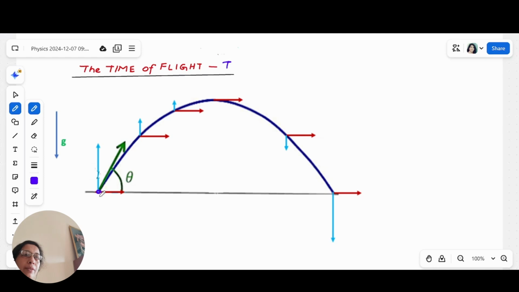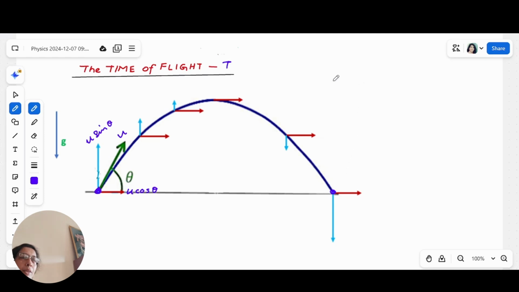The particle starts from the ground with a velocity u, the vertical component being u sin theta and the horizontal component u cos theta, which is not required for the calculation of time because time is affected by the vertical motion only. Initially the particle starts from the ground and finally it reaches the ground, so there is no net vertical motion.